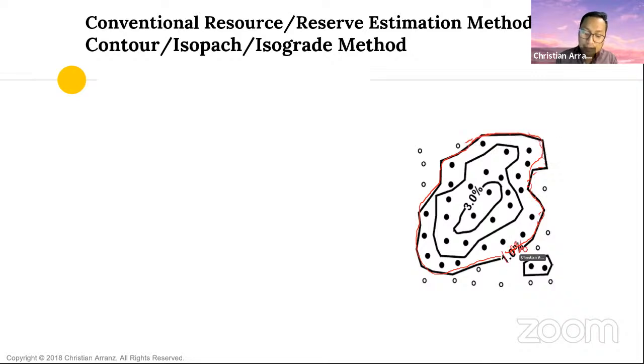So, ibig sabihin, at this points, lahat daw ng grade dyan ay 1% of whatever metal. Ano ba, 1% copper, ganyan. Dito naman ay 2%. Paano ko nasabing 2%? Kasi 3% yung susunod. So what's between 1 and 3? Definitely 2. So ganon. Ganon mag-assume ng ganito. Okay? So yun. Nagets ba? I hope yes.